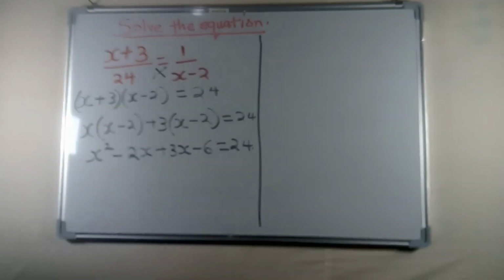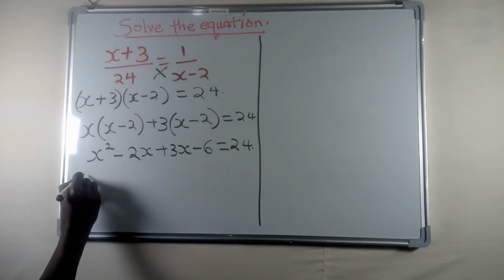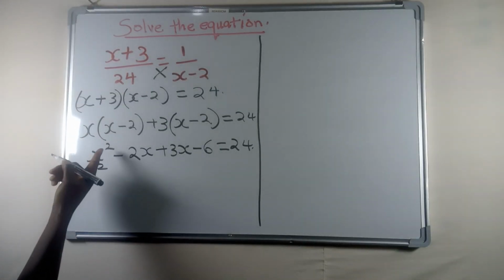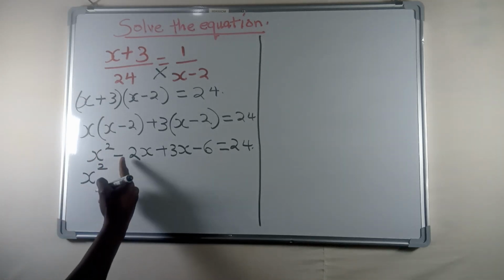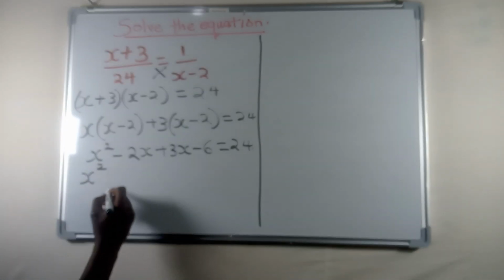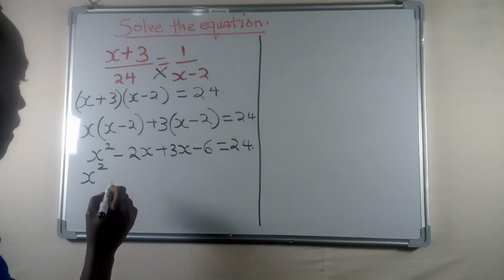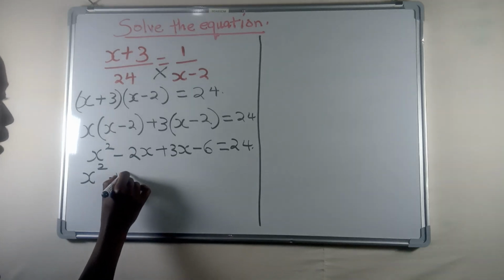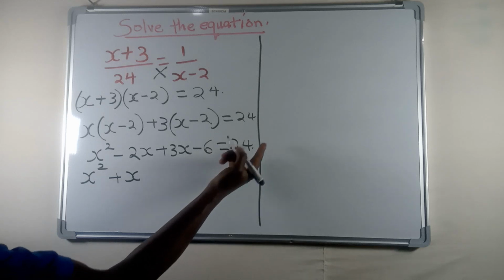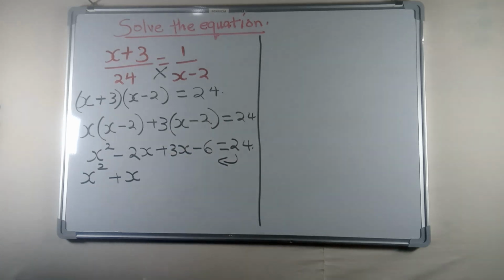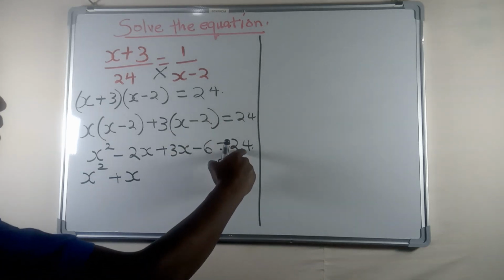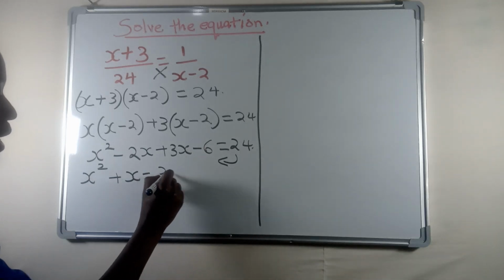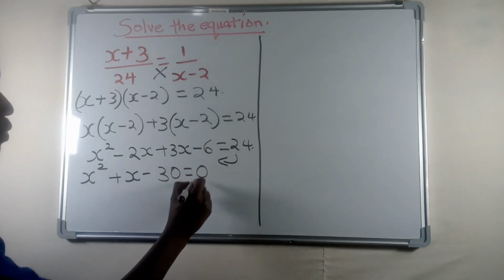Having that, we can now put the right terms together, and we have x squared. We start with the one with the highest degree, x squared, minus 2x plus 3x is going to give us plus x. Then we bring 24 on the left hand side of the equal sign. Minus 6 minus 24 will be minus 30 is equal to 0.